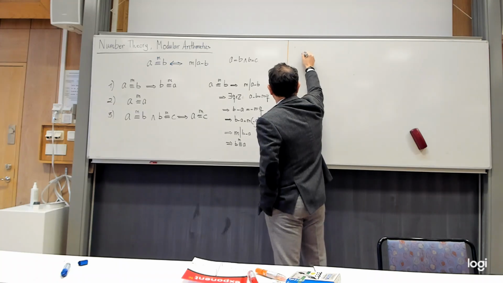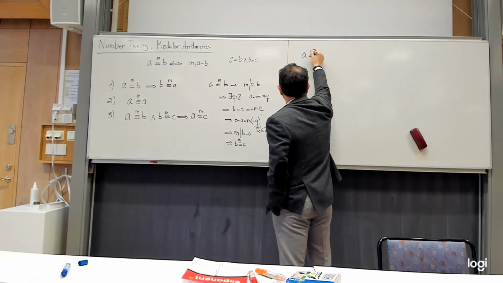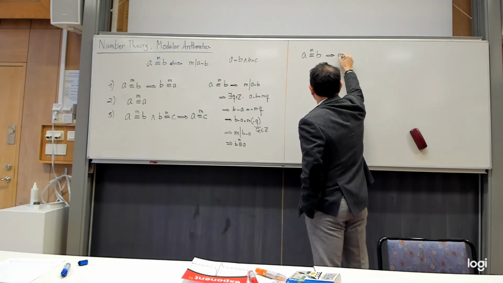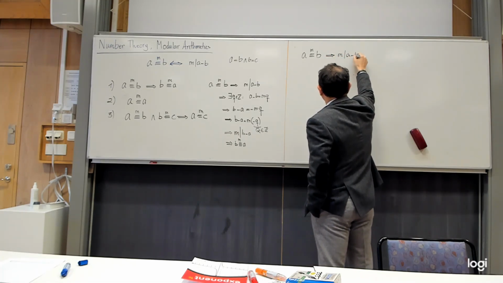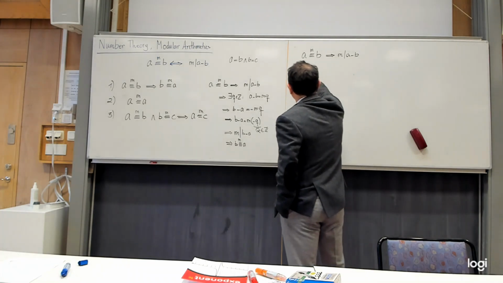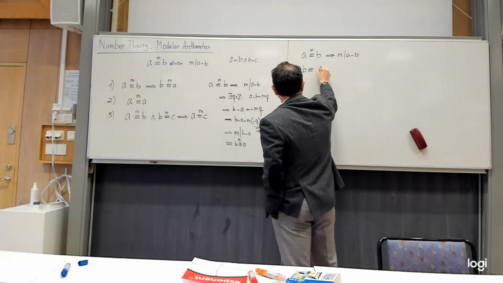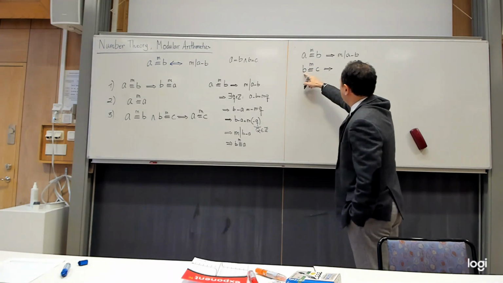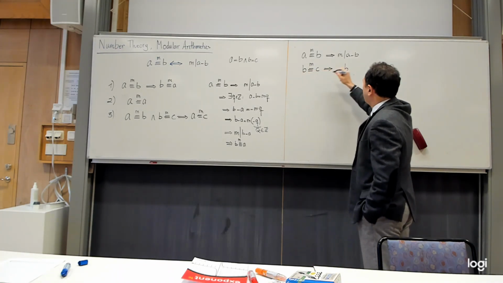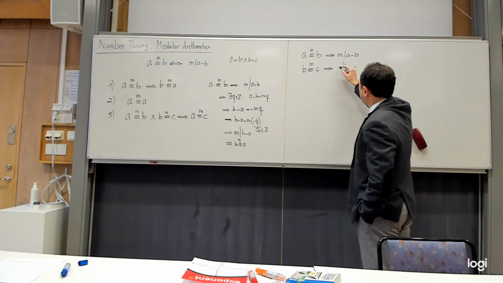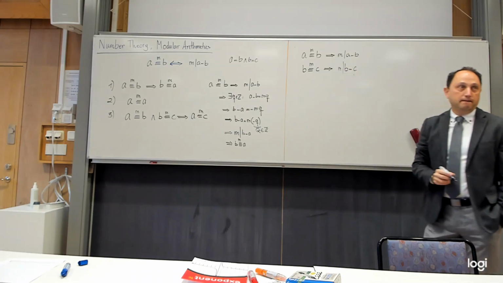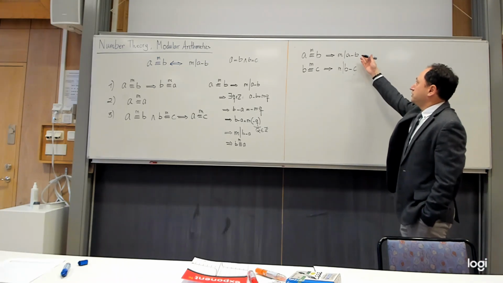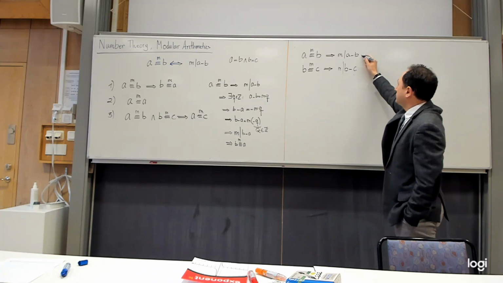You are telling me that A is congruent to B modulo M, so I can conclude that M divides A minus B. You are telling me that B itself is congruent to C modulo M. What can I conclude? I can conclude the number on the left minus the number on the right is divisible by M. Yes? If you have forgotten, I have to do everything from scratch, but if you haven't forgotten that, I can use it.